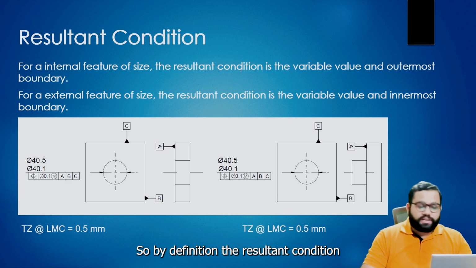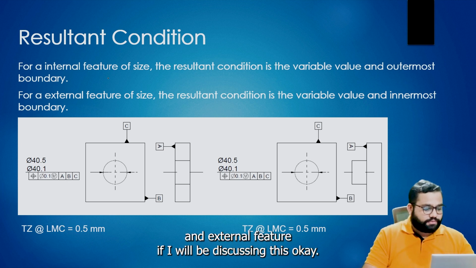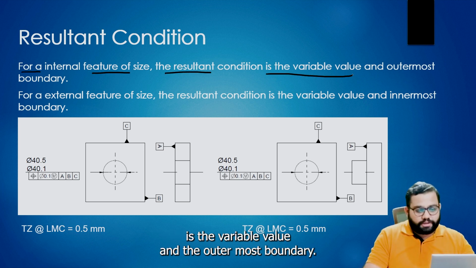By definition, let us discuss the resultant condition for internal and external features. For an internal feature of size, in the case of a hole, the resultant condition is the variable value and the outermost boundary.